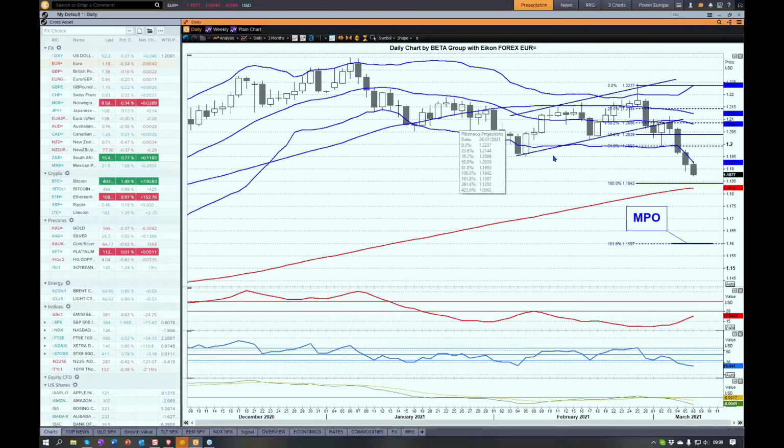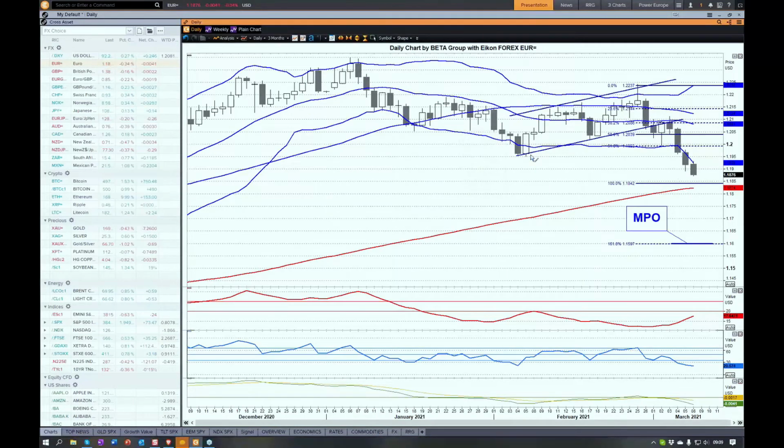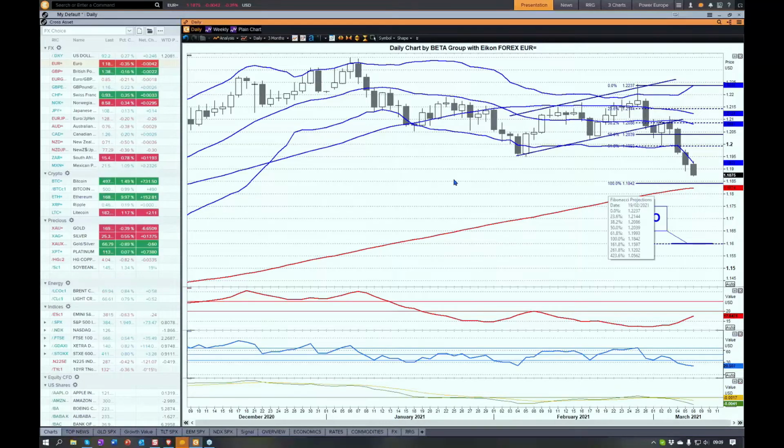Now going to the daily chart, here's the breakdown that we've seen. I measured from here to here and projected down, so done a Fibonacci A, B, C, D move, and this would take us to here.